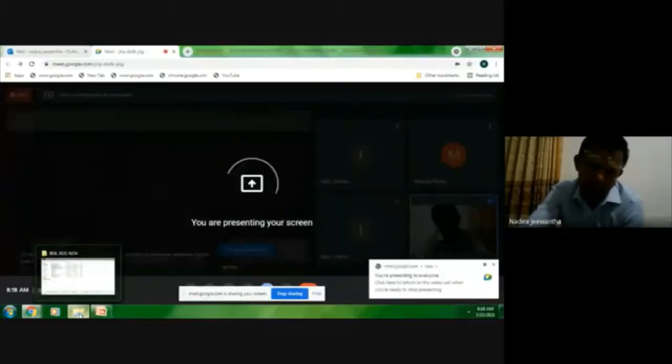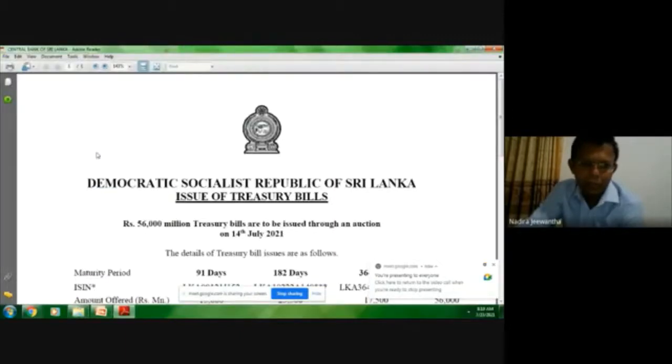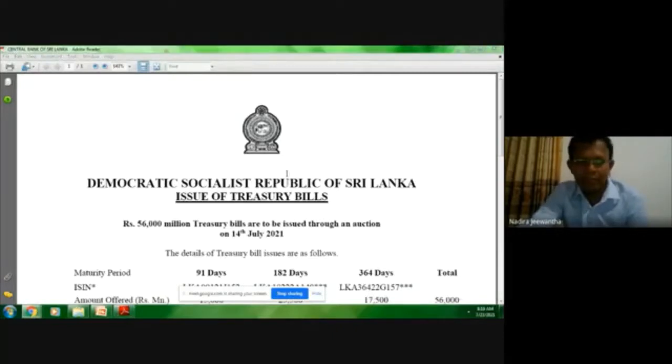Now we have been discussing treasury bills all these days. Remember that, we have discussed the features of this particular instrument, and how the treasury bill auction works. Now this is the advertisement we have discussed with you.